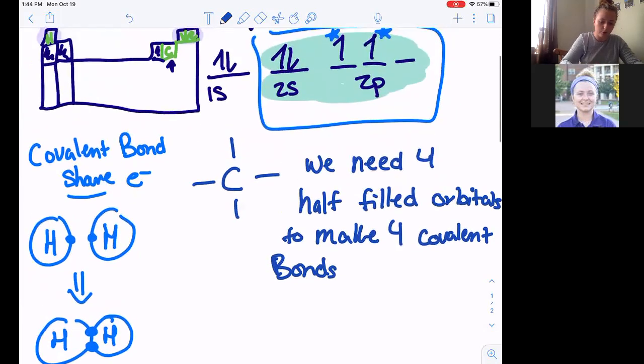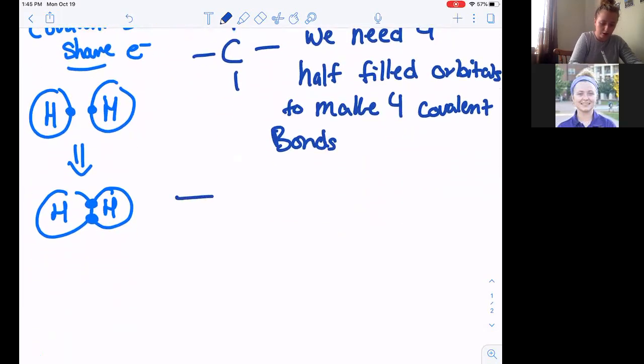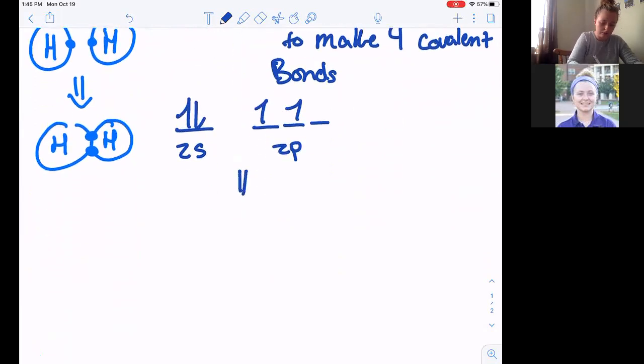And so we're going to change 2s2p that looks like this into this.